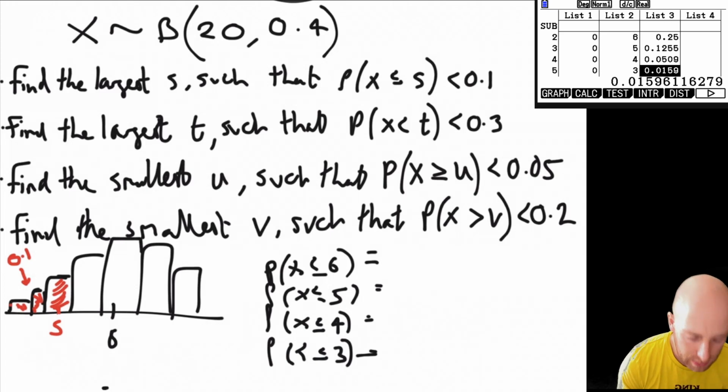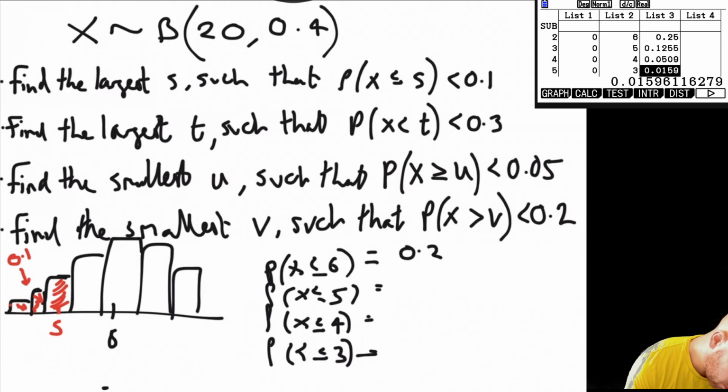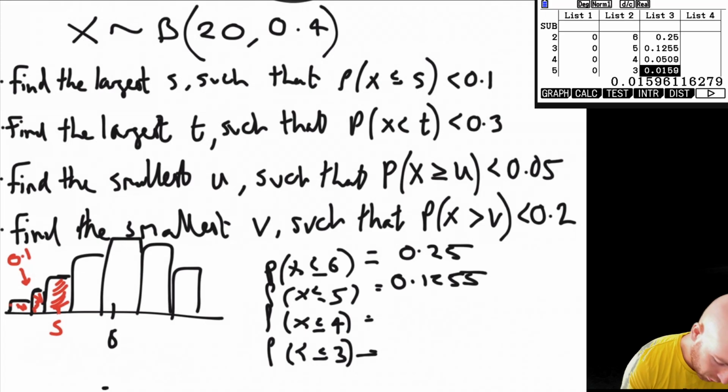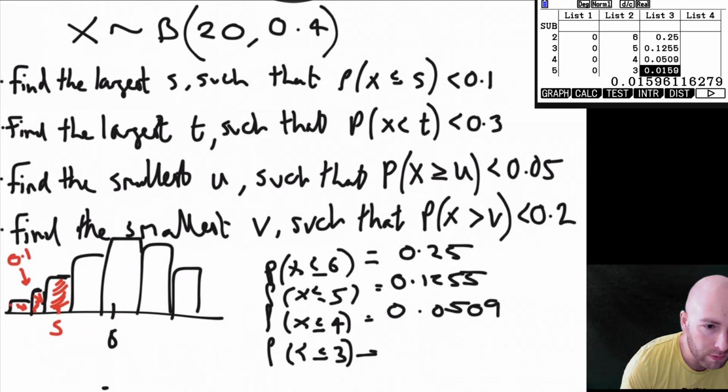Less than or equal to 6 was 0.25, so way off. 5 was 0.1255. 4 was 0.0509. And 3 was 0.0159.